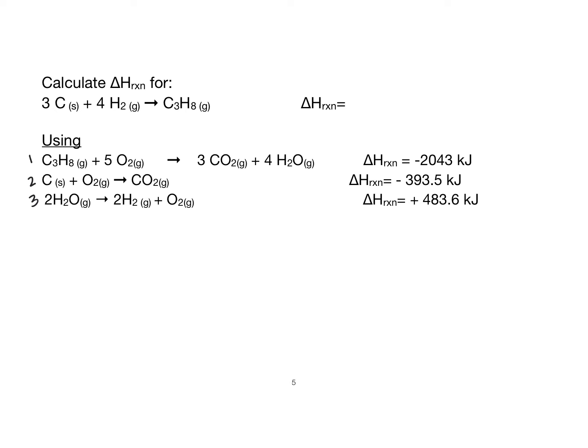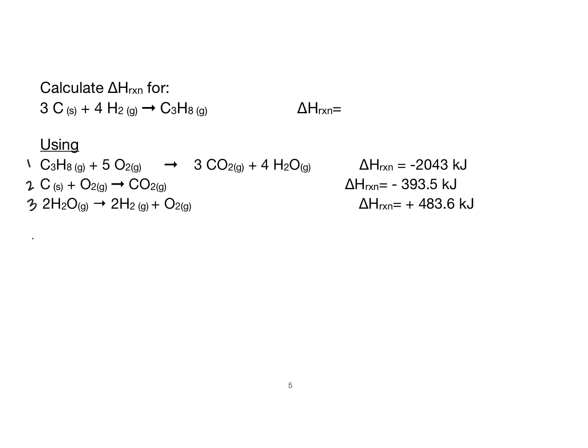So oftentimes we ask ourselves, where should we begin? You could pick any equation and look at that. And when we look at equation 1, which is propane plus oxygen decomposes into carbon dioxide and water, the only thing that is the same as the equation is propane, but propane's on the wrong side of the equation.